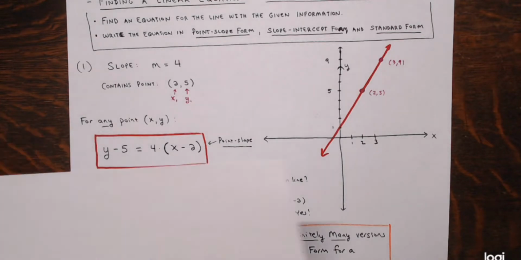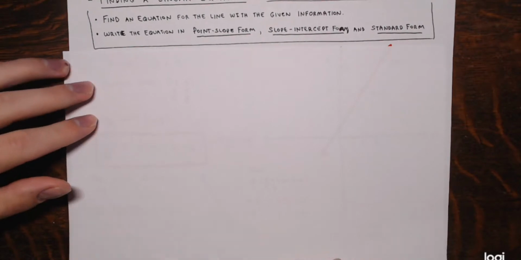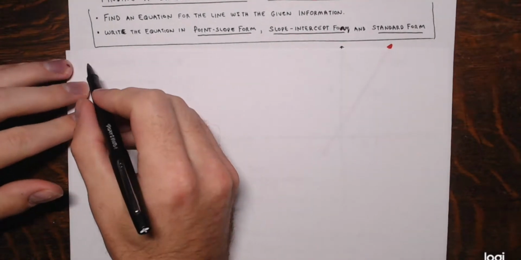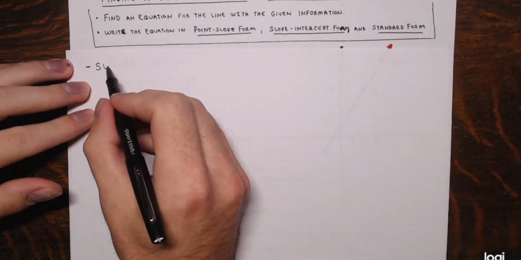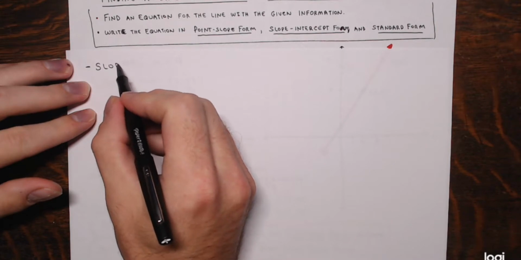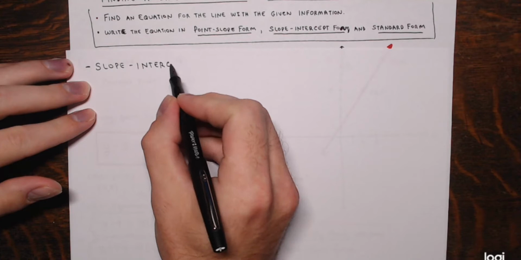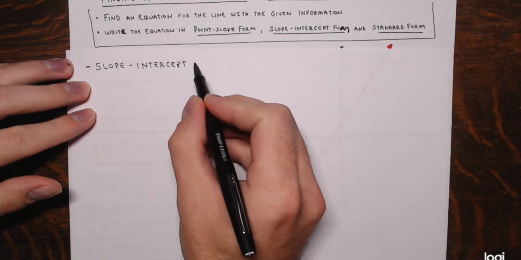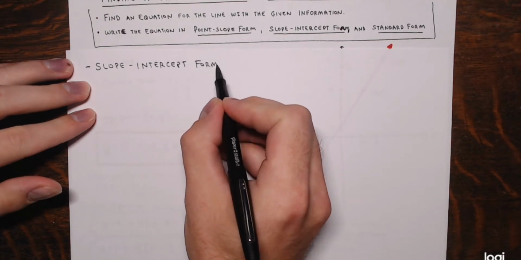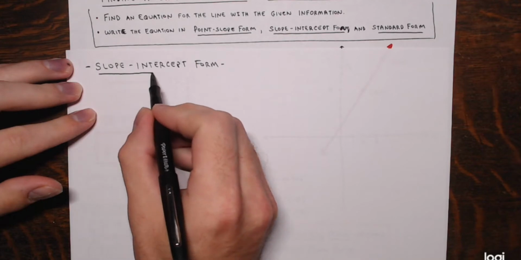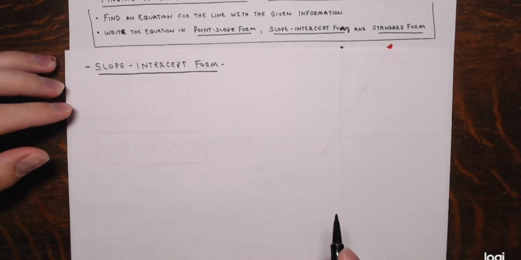All right, so same line here. So next form is slope-intercept form.